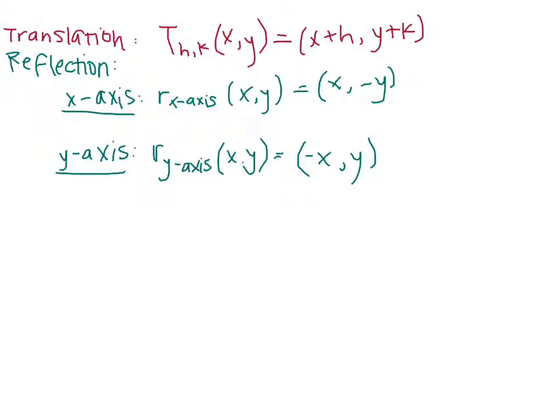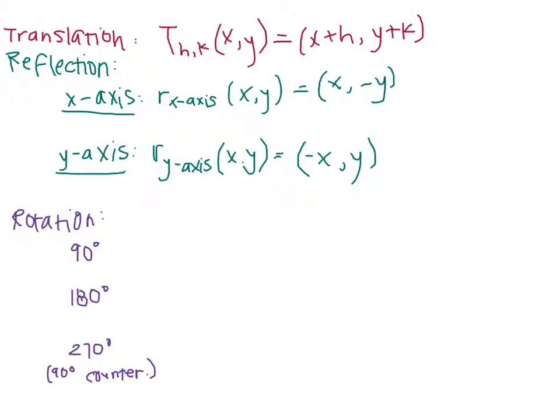Now finally, let's look at rotations. We're going to look at 3 different types of rotations, just like we did before: a 90-degree rotation, a 180-degree rotation, and then a 270-degree rotation, which is the same thing as 90 degrees counterclockwise. We just called it 90 degrees before.